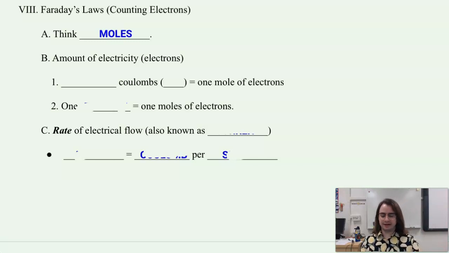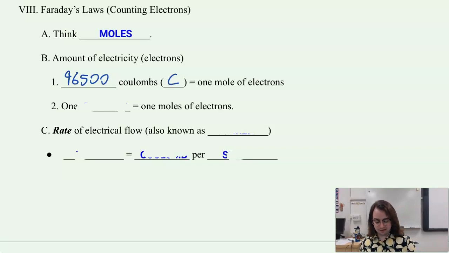Lots of different things. A couple of things that we need to get down before we can go forward. Understand that we're going to be measuring things in a couple of new units. We have something called a coulomb, and we have what's called Faraday's constant, 96,500 coulombs, which can be abbreviated by the letter C, equals 1 mole of electrons.